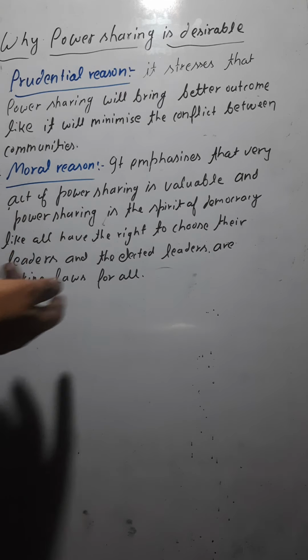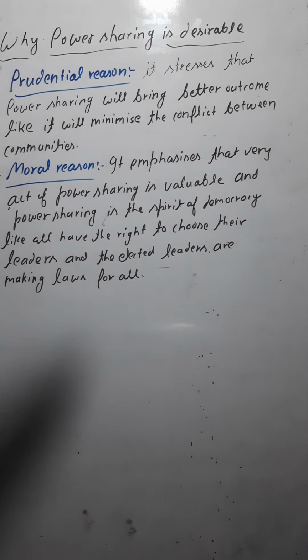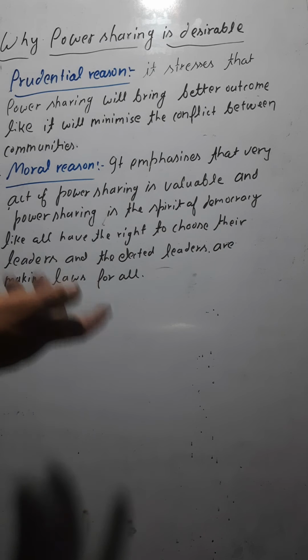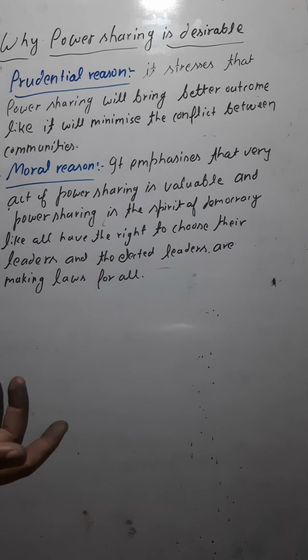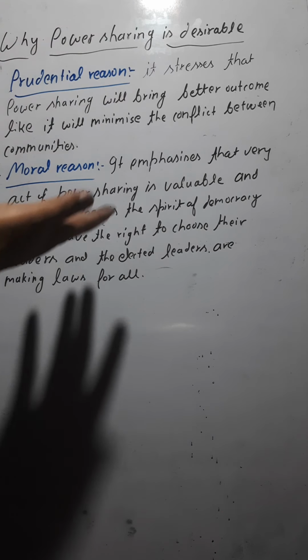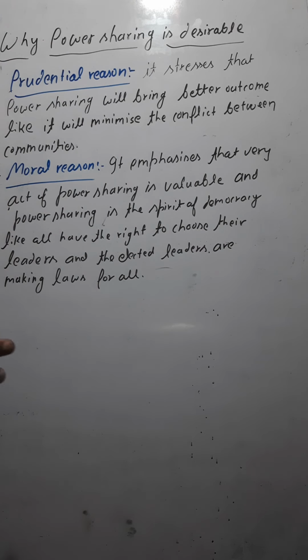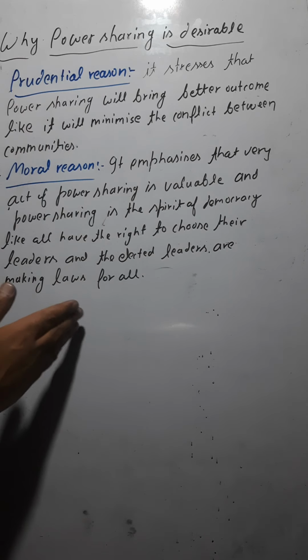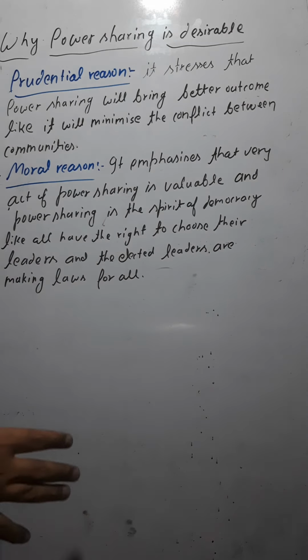Like all have the right to choose their leaders. Getting it or not? But of the leaders, some are elected and some are not elected, some are defeated. But the leaders who are elected would be forming the laws not only for those who have voted for them, rather they would be forming the laws for all.